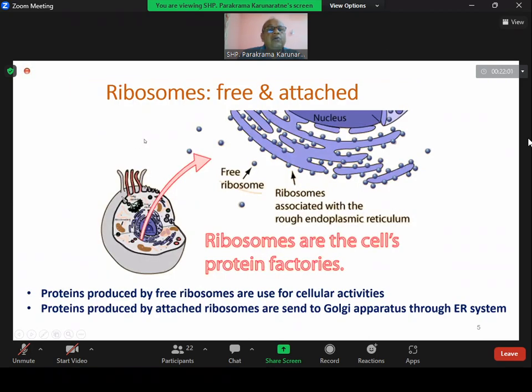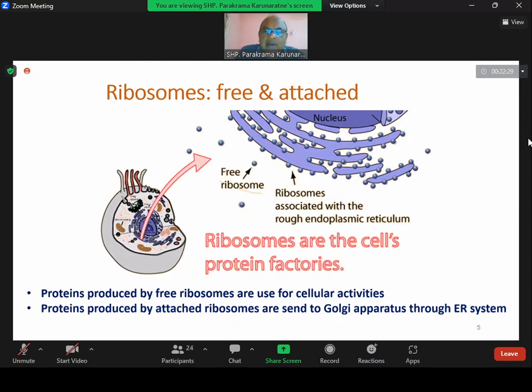So I was talking about ribosomes. Ribosomes are the cell's protein factories, because protein synthesis is the function of the ribosome. We synthesize our own protein. We eat protein and digest it, break it down into amino acids, and we absorb amino acids.